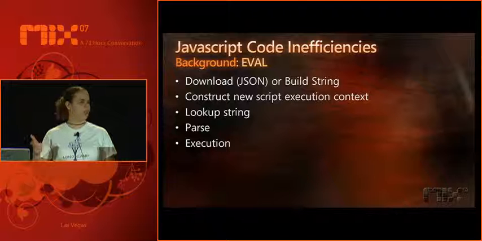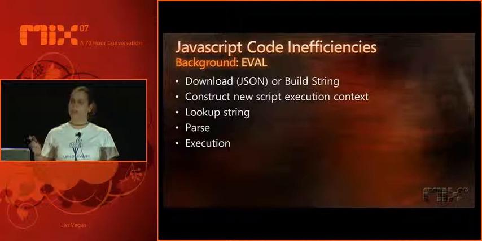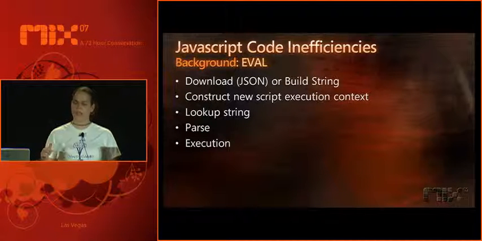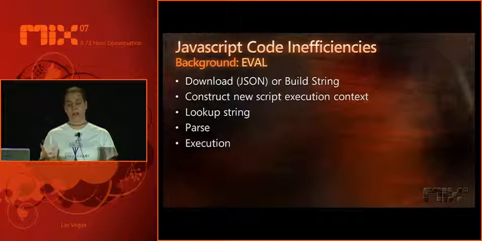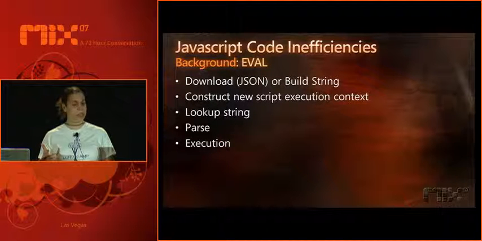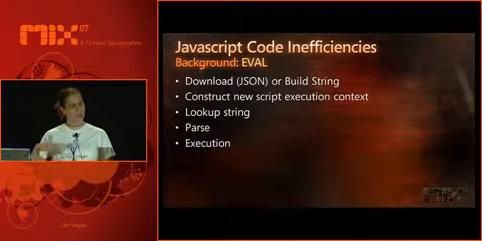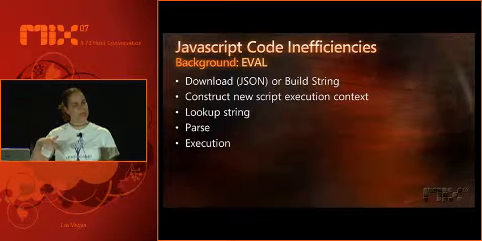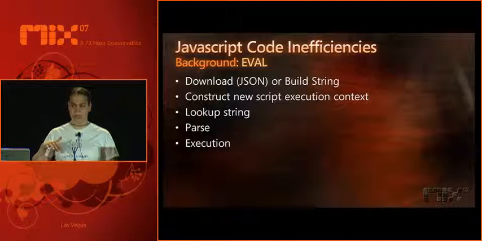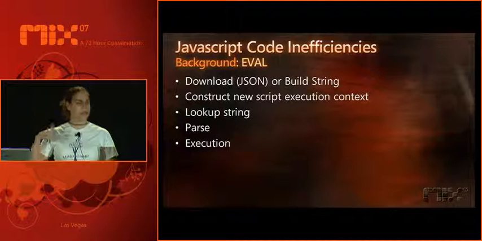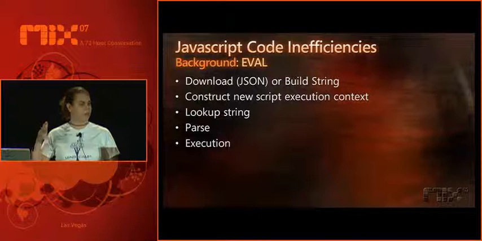So you get some JSON assignment from your server to create some global vars. You do the eval on the string. What happens, though, is we have to construct a new execution context for the script when eval is called. I have to look up the string in the scope chain, and since it's a global var, it's near the end of the precedence of the scope chain.